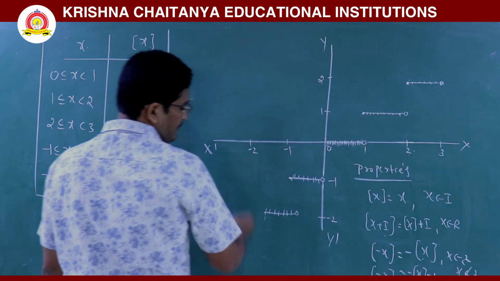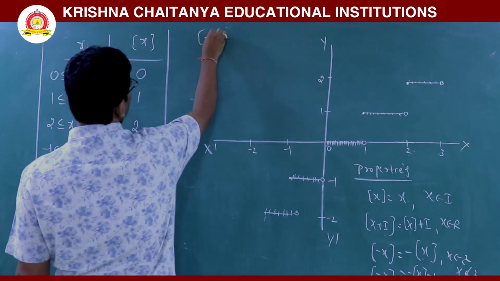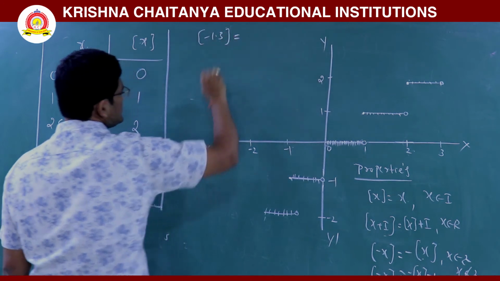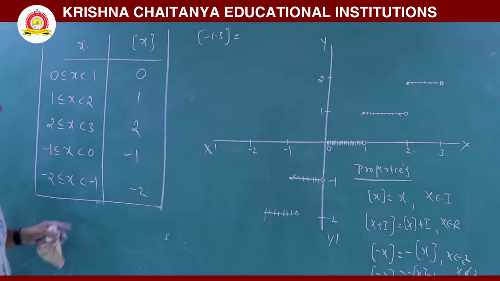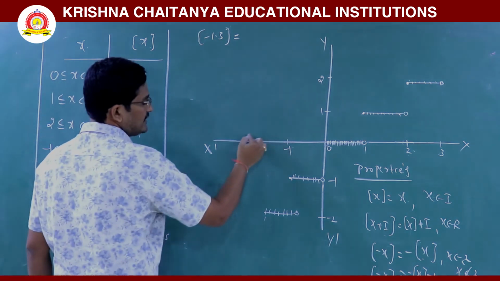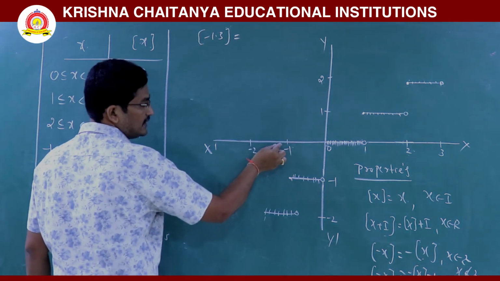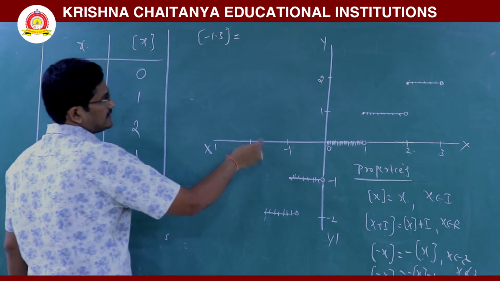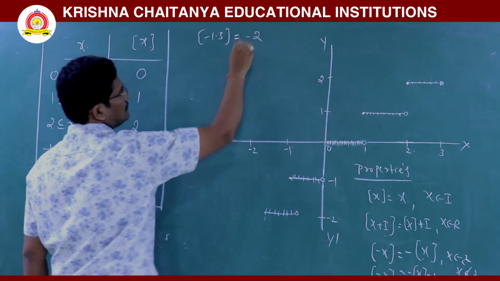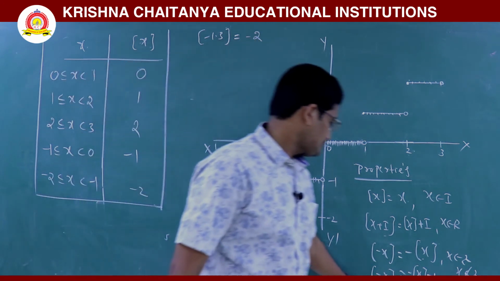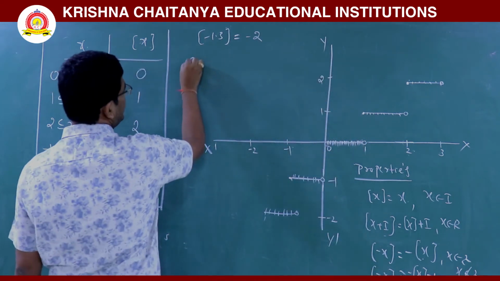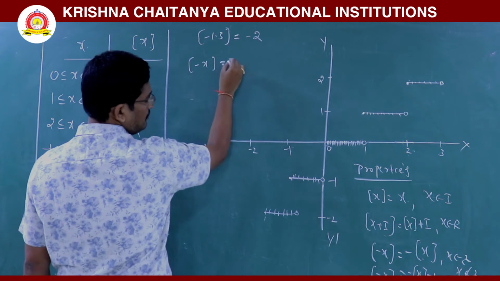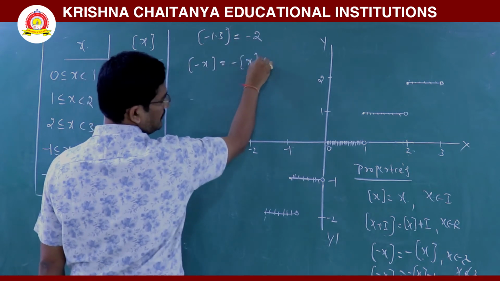Suppose you take minus 1.3. Floor of minus 1.3, what is the answer? That value lies between minus 2 and minus 1. Minus 1.3 is located here. The answer is minus 2, you know. By using this property you have to check: floor of minus x is equal to minus floor x minus 1.